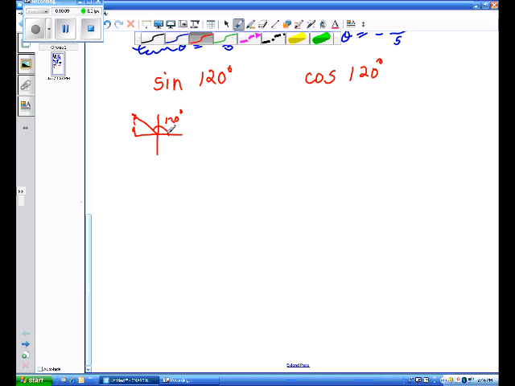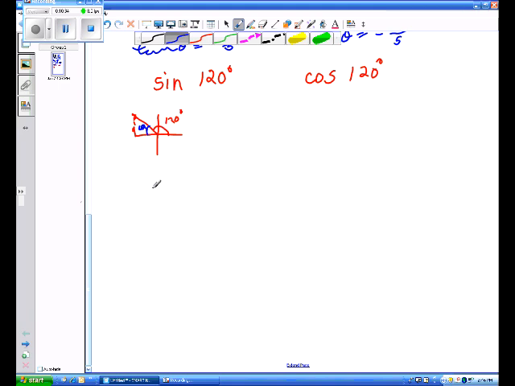One thing you might notice is if we rotated 120 degrees around and then we went down to our x-axis, then that means this angle from our terminal side to our x-axis is 60 degrees. 180 minus 120 would be 60 degrees.